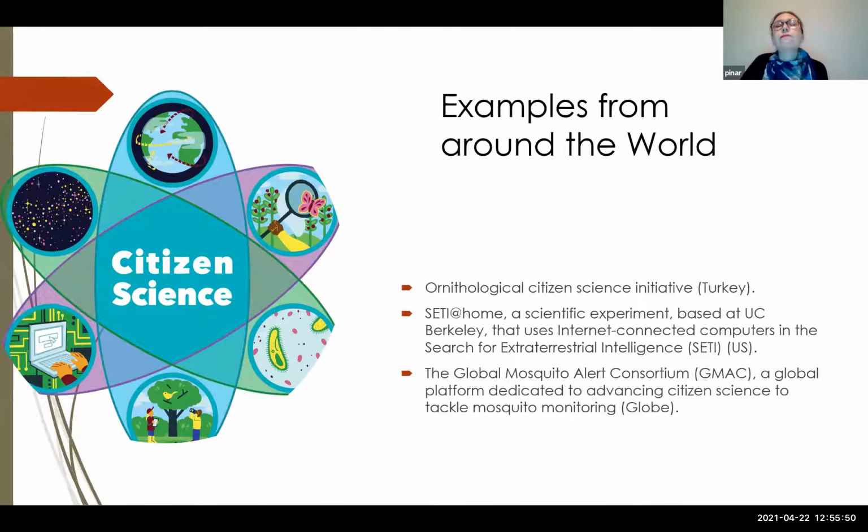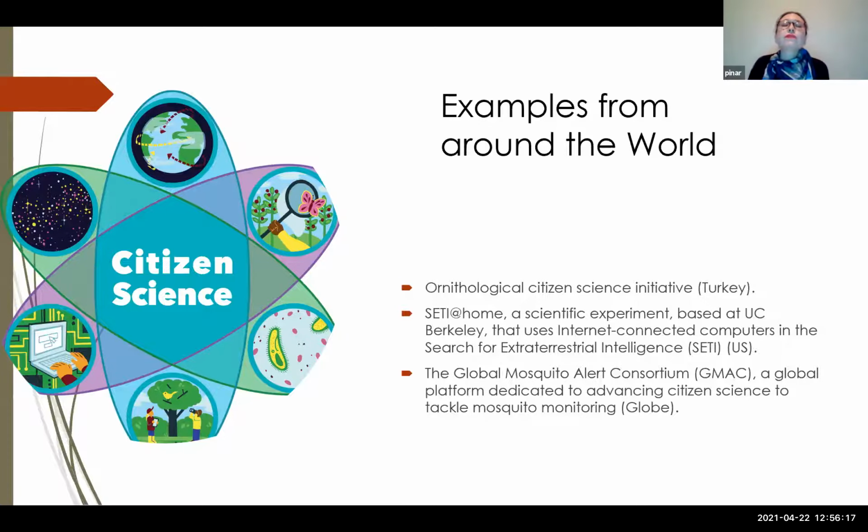There are a fair number of examples from around the world, but I have three for you for now. One is from Turkey, my homeland, and it is a popular one. It has some global sides as well, and it has to do with bird watching, following wild birds; it's ornithological citizen science.